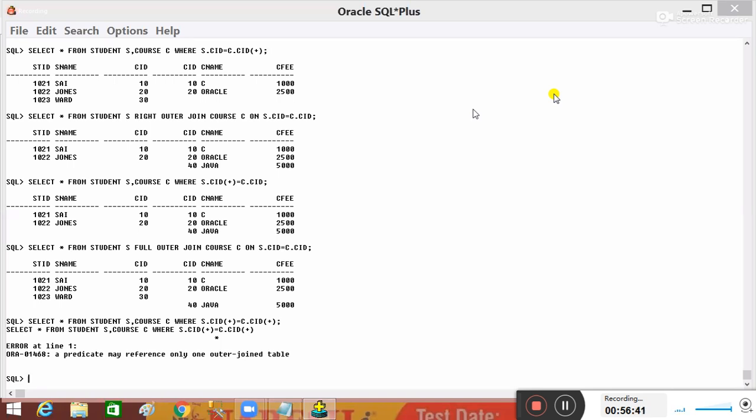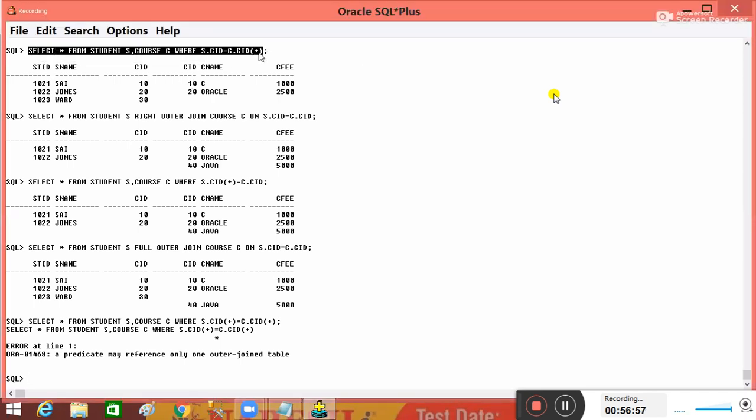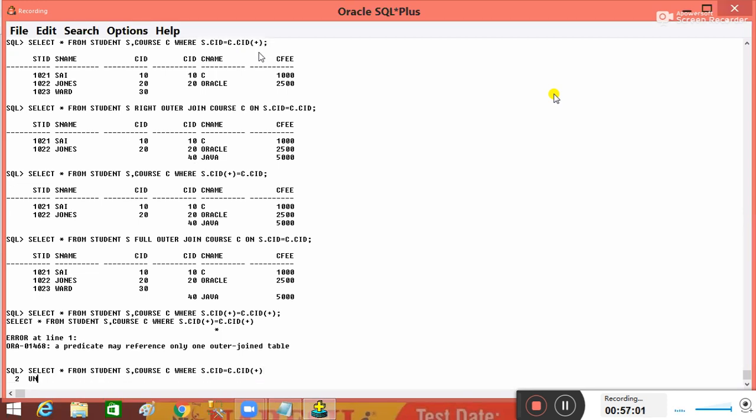Yes, to implement full outer join, since with the join operator both sides we cannot predict, that's why we want to use this. Let's see. I'm taking the left outer join query. This is the left outer join select statement. Then the union operator.